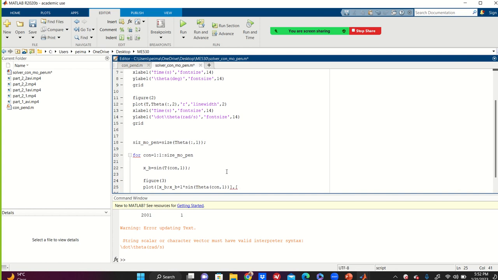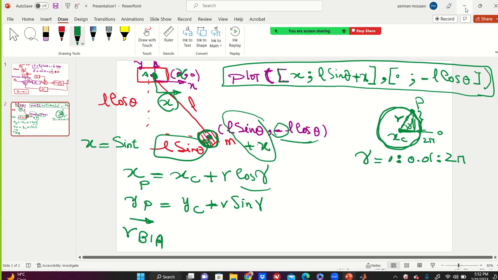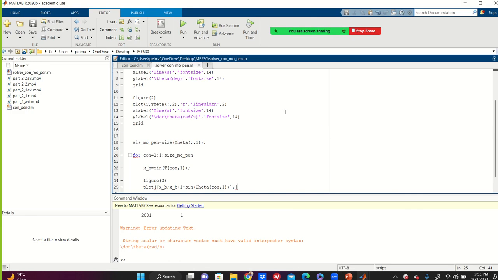Now y. Exactly as I'm typing here: 0 minus L cosine theta, where cosine theta means multiply it. Cosine theta.